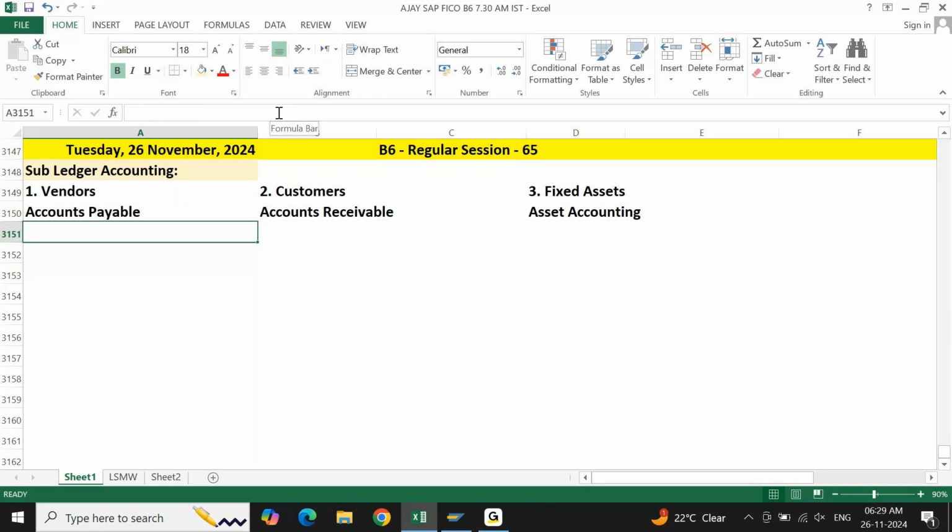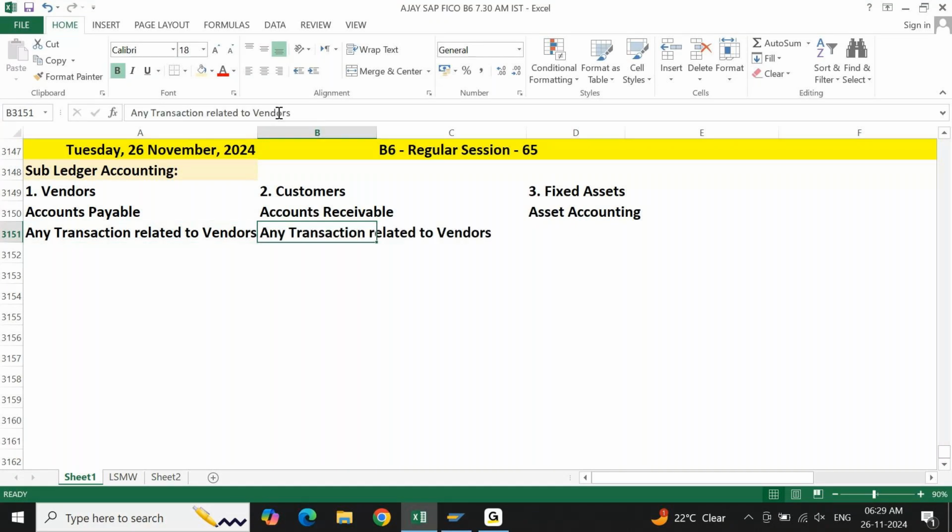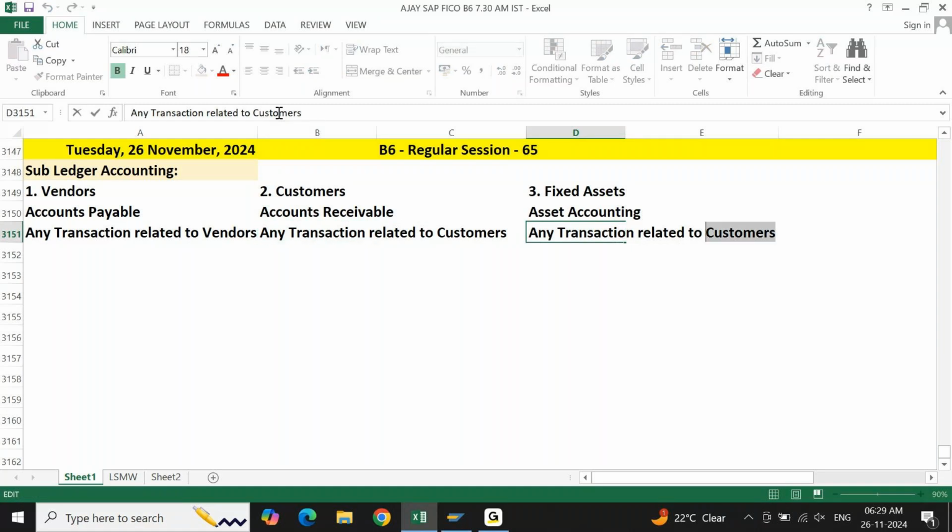Here, in short, any transaction related to vendors. Here, any transaction related to customers. Here, any transaction related to fixed assets.